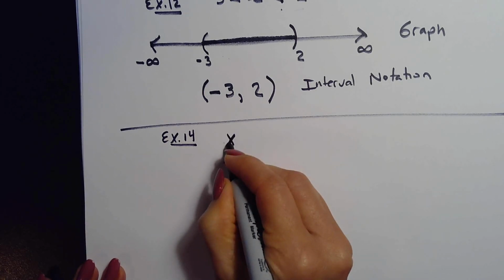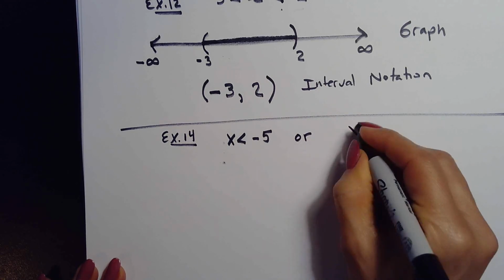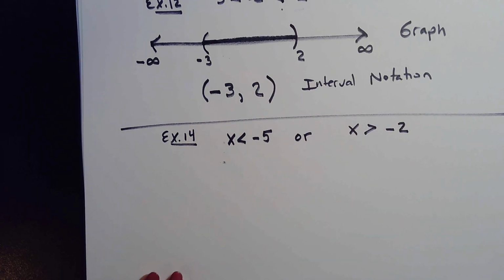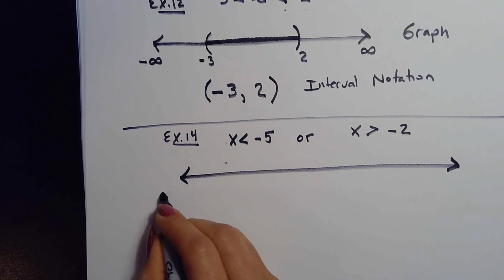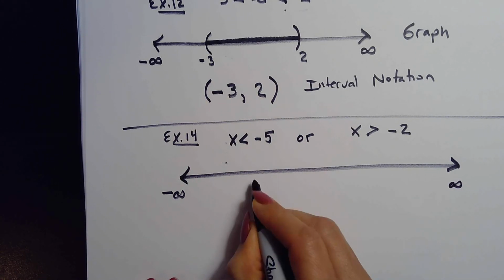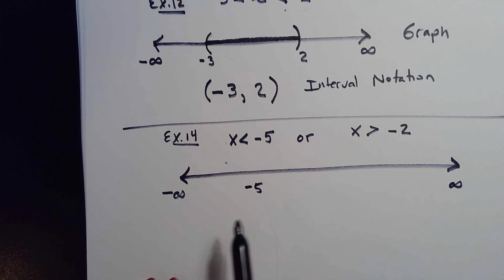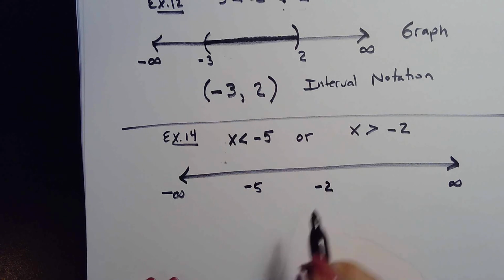And so we have x is less than negative 5 or x is greater than negative 2. Okay, so basically here you have two cases, right? So I'm going to draw the graph for it. Find the numbers negative 5 and negative 2, somewhere there.